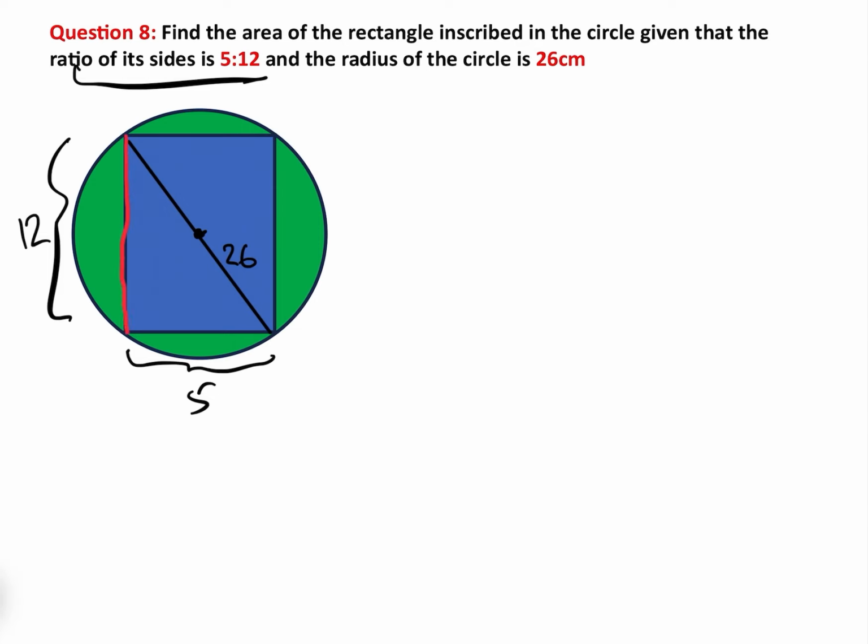If we look at this triangle here, that is 52, because the radius is 26 and there's 2 of them, so that's 52 centimetres. And this is a ratio of 12 to 5. So that's not its length, that's its ratio of 12 to 5.